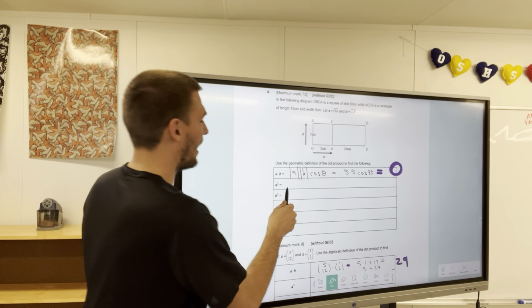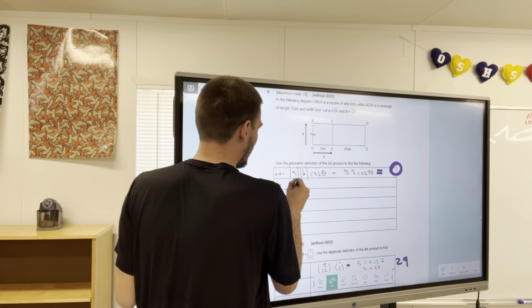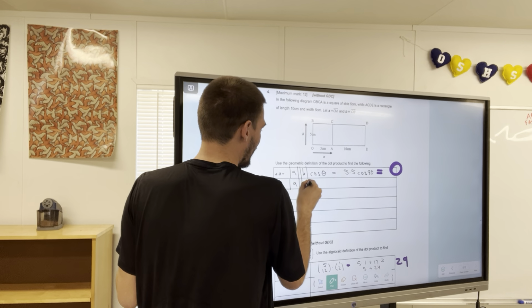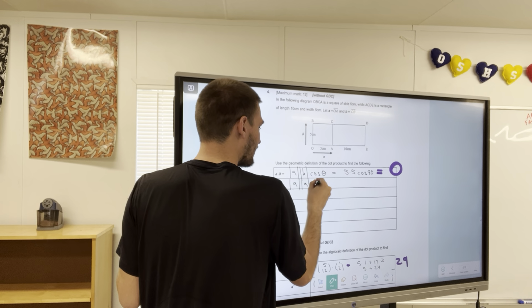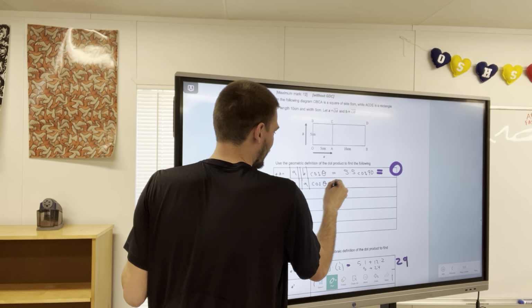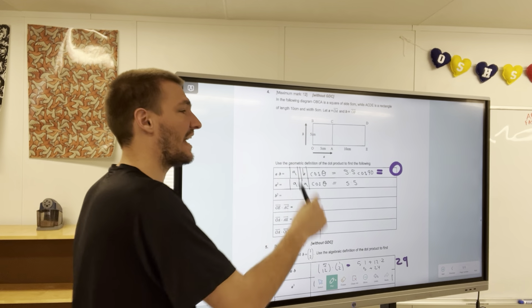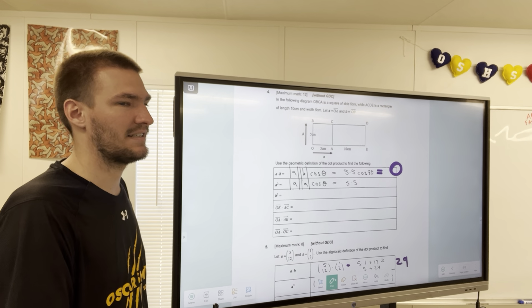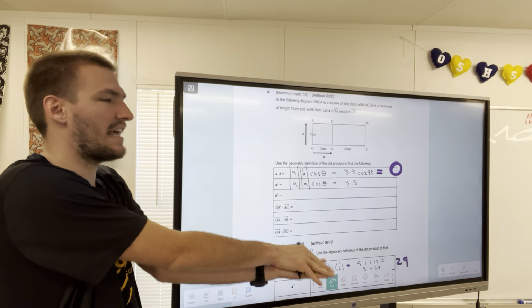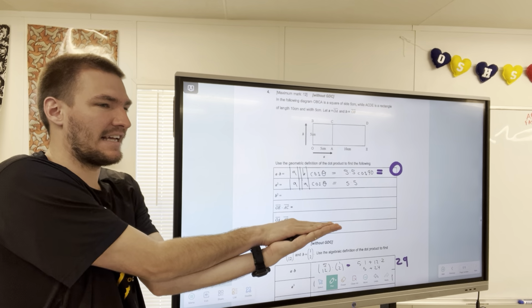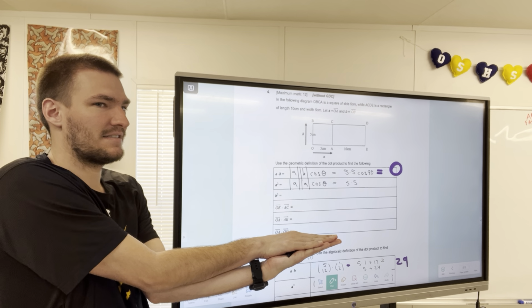Excellent. A dot A is going to be the magnitude of A, the magnitude of A, and the cosine of theta. That's 5 times 5. What is the theta difference between A and A? 0.